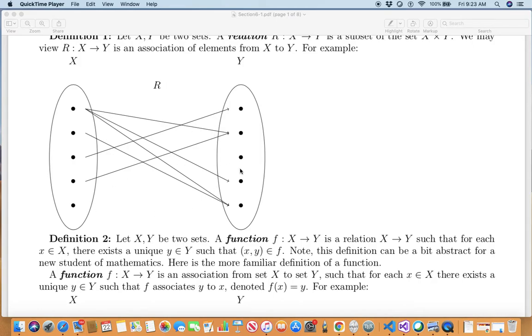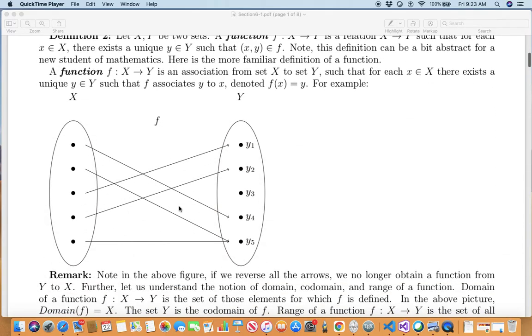Every passenger must be able to go somewhere. This passenger is not being taken anywhere, so that's not a function. Every passenger must have one and only one destination. That's a function. It's okay for two different passengers to have the same destination as long as every passenger has one and only one destination to go to.